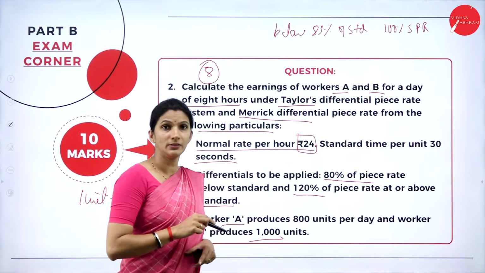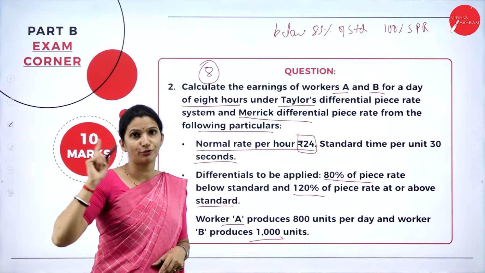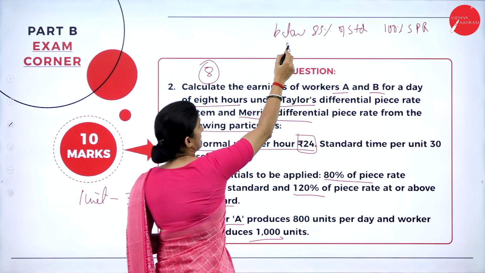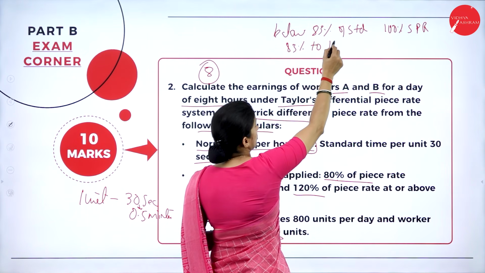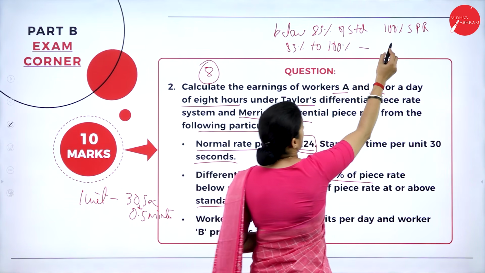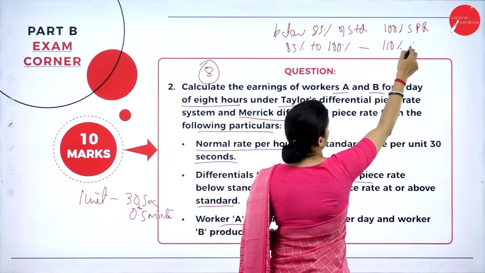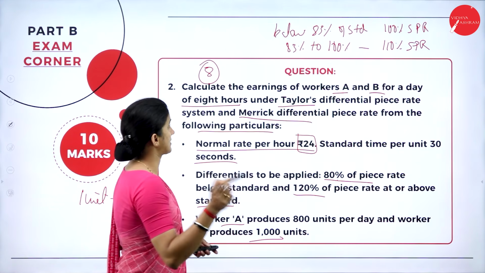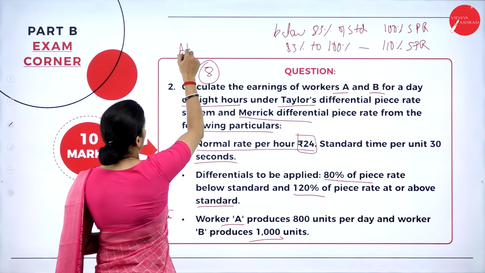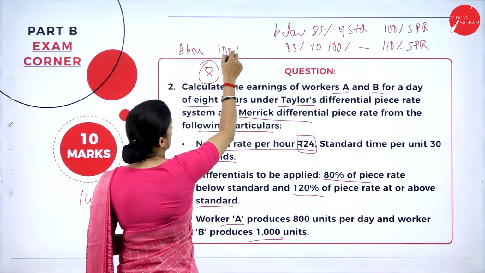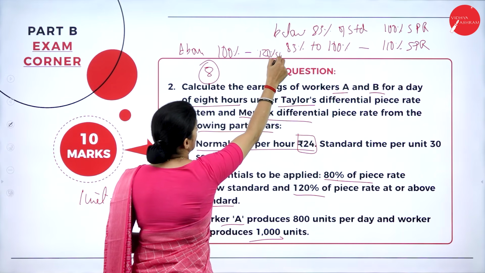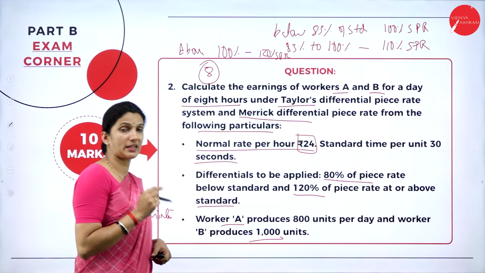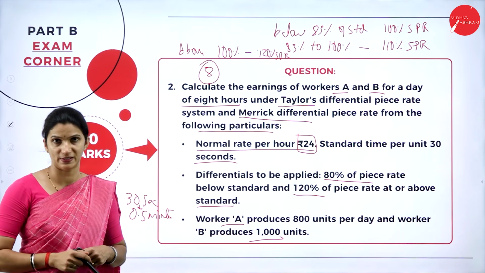That is the one piece rate system of Merrick. Then from 83% to 100%, it is 110% of the standard piece rate. Next, above 100%, it is 120% of the standard piece rate. So this is the multiple piece rate system of the Merrick differential piece rate system.